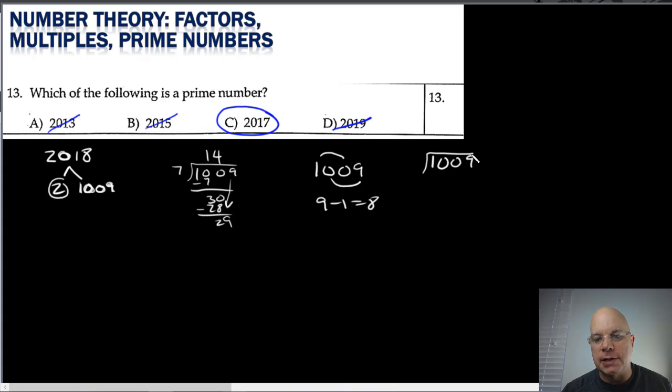1009 divided by 13. 7 13s is 91. That leaves me with 99, so that's not going to be a multiple of 13. I don't need to check 14 or 15 or 16.